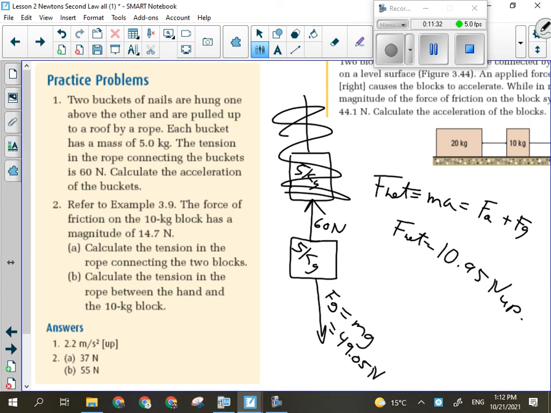Then I'm going to divide that by mass. Acceleration will be F net divided by m, 10.95 divided by 5 kilograms. It'd be like 2.2. That's the acceleration of the bottom bucket. Because it's in a system and connected to the top bucket, it's the acceleration of both buckets.